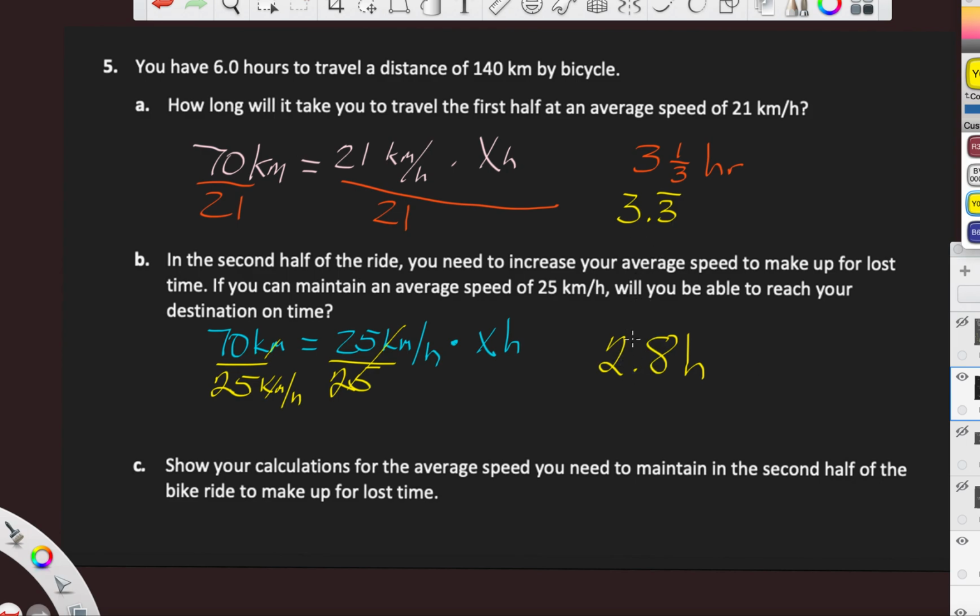If we add these two things together, we're a little bit over the top, aren't we? We're like 6.13. So we're over the top, right? And so show your calculations for the average speed you need to maintain in the second half of the bike ride to make up for lost time.